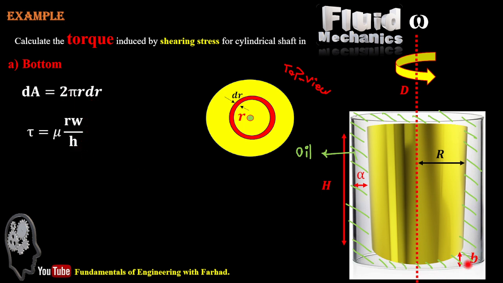So our thickness definitely is b, mu is dynamic viscosity, rw is the velocity when it keeps rotating, w being the angular velocity.